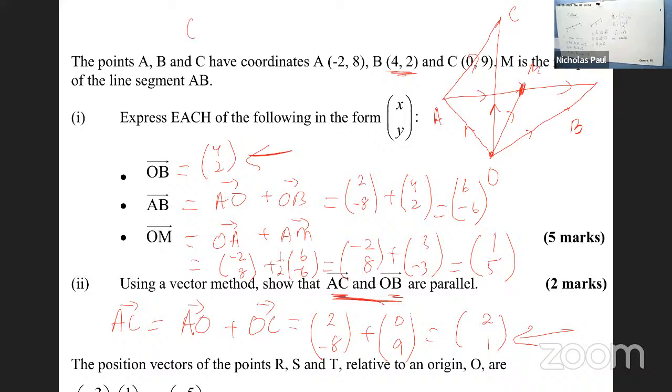So OB is equal to 2 times AC. So therefore they are parallel. So they are double. Collinear, you okay with that? So that's the way you show parallel, that's the way you show collinear. And that's the end of the question.